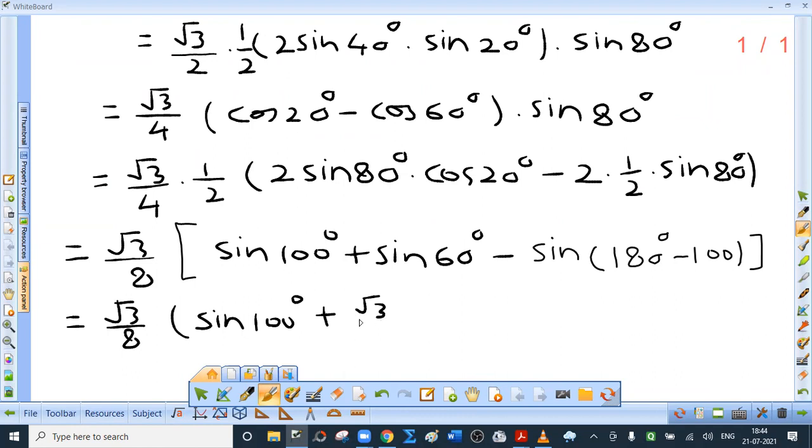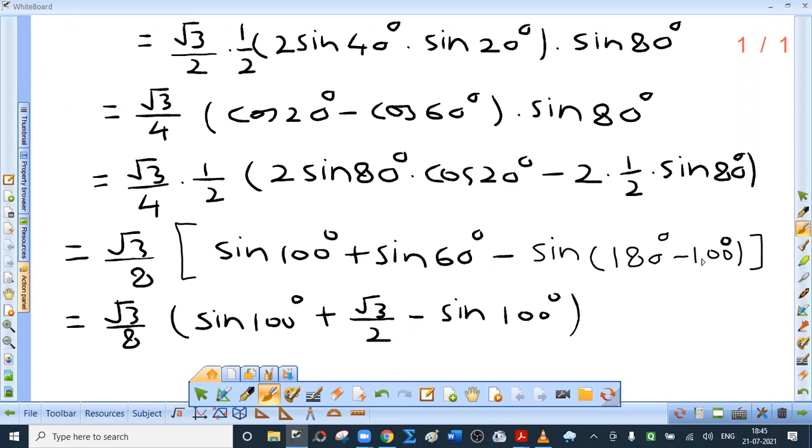Root 3 by 2. Now the next part, sine of 180 minus theta. Basically, for 180 the ratio does not change. 180 minus theta lies in which quadrant? For convenience, we treat this as theta, or just say 80. So the sine ratio is positive. So it is just minus sine 100 degree.